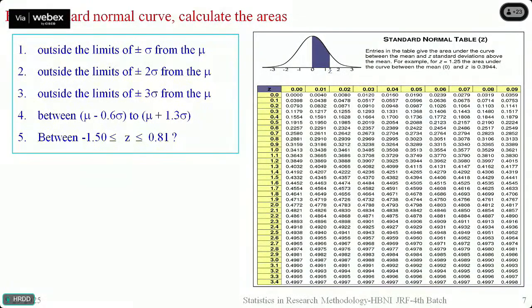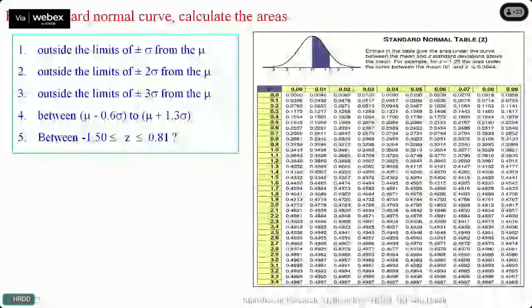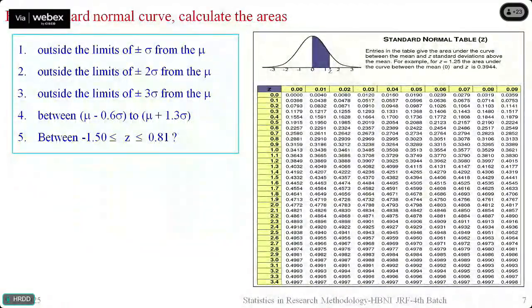For 1.0, the immediate right side column will read 1 point. The topmost yellow base row in the second column represents the second digit of Z. If you have two digits after the decimal, then it can be 1.01 or like that.